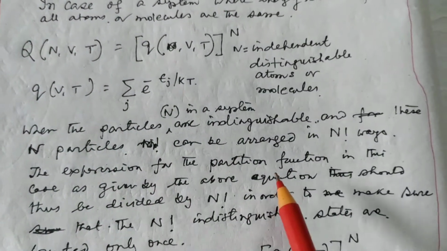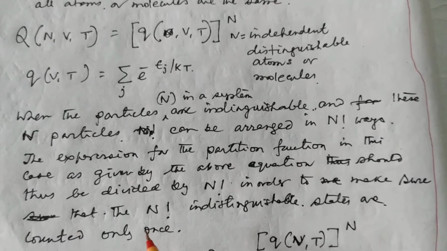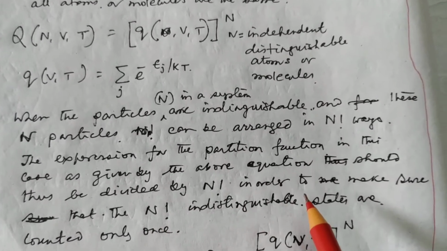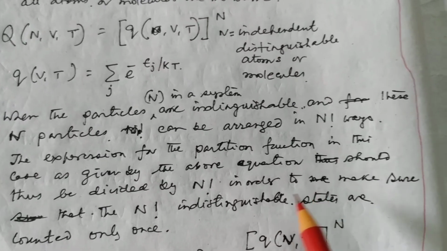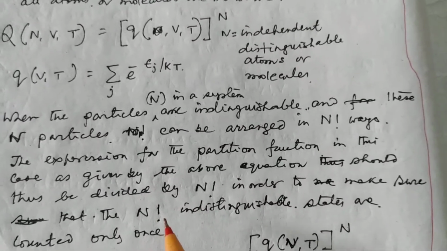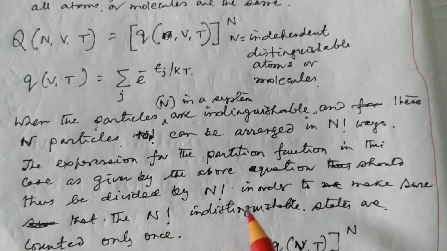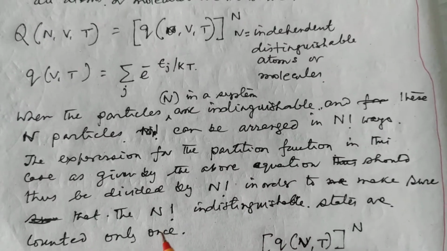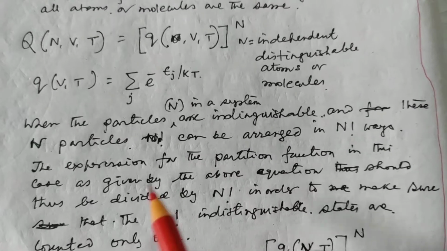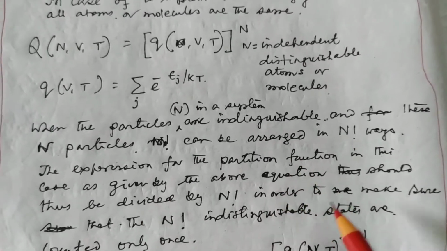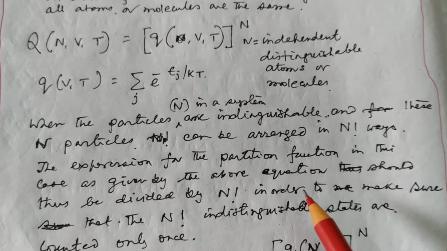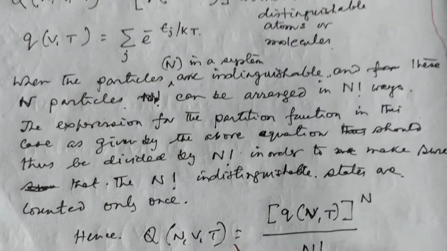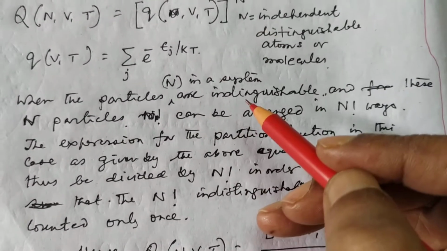Why? Because we need to make sure that the factorial n indistinguishable states are counted only once, since all these factorial n arrangements are equivalent. If it is not divided by factorial n, then it will be over counted.